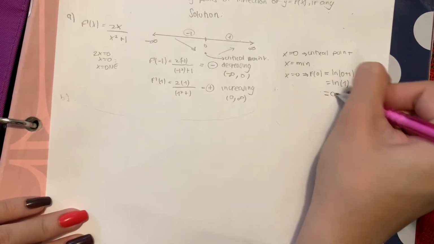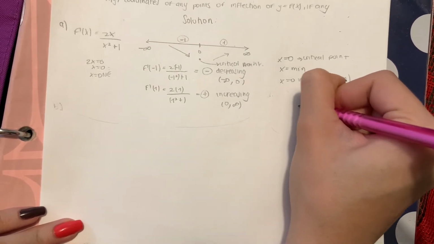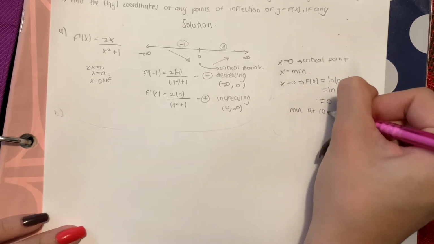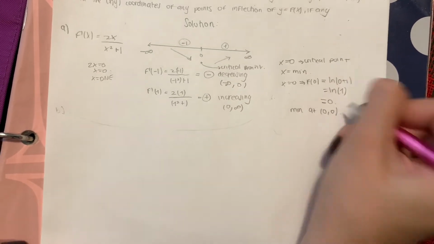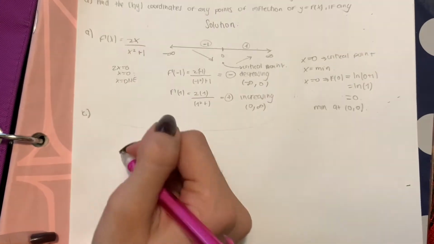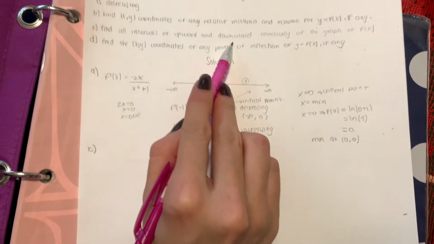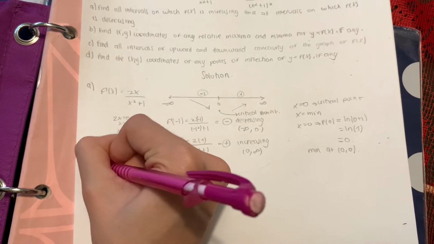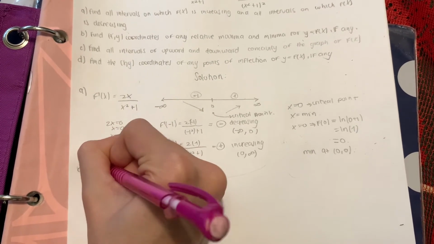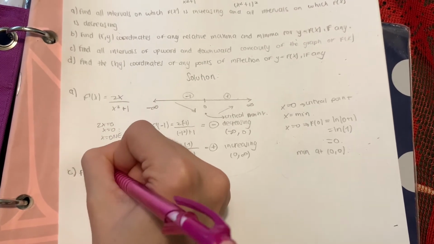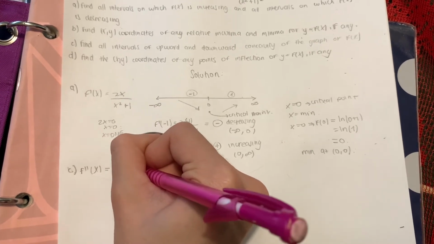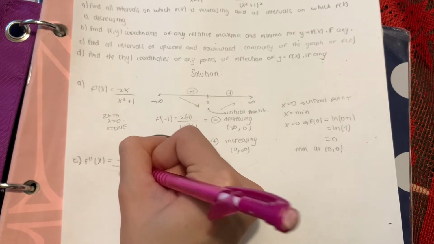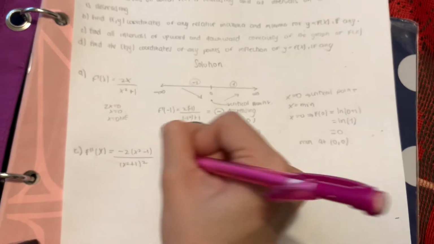I'm writing down the points that I already told you, the minimum, so we have it on the paper. And then we can go to the next part, which is C, find all the intervals of upward and downward concavity of the graph. So we have to use the second derivative that we already have, so we just write it, and we set it equal to 0 and find which x makes it 0. The numerator is x squared minus 1.